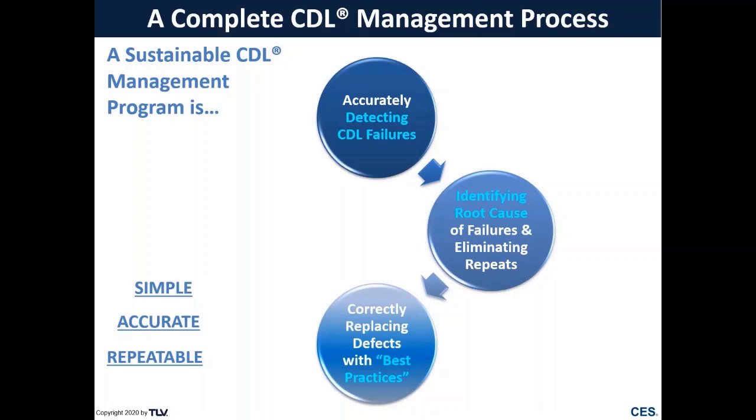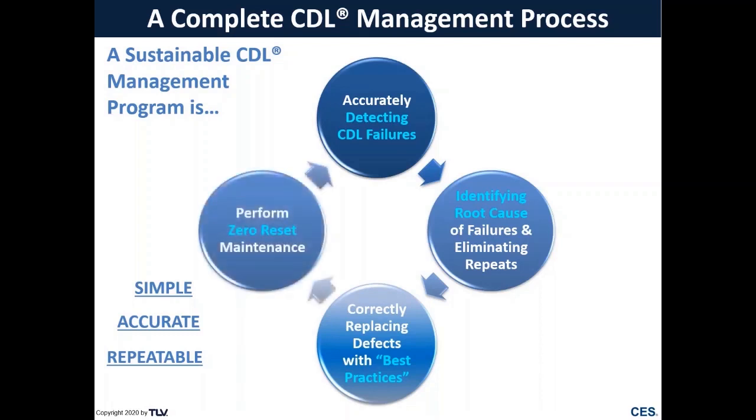Ultimately replacing those defects with best practices, either being best practice steam traps or correcting the piping to make sure that it's best practice piping. And ultimately performing what we call zero reset maintenance, or ZRM. Basically resetting your failure state of your steam trap population down to zero, so ideally you have 100% of your steam traps and CDLs properly functioning.